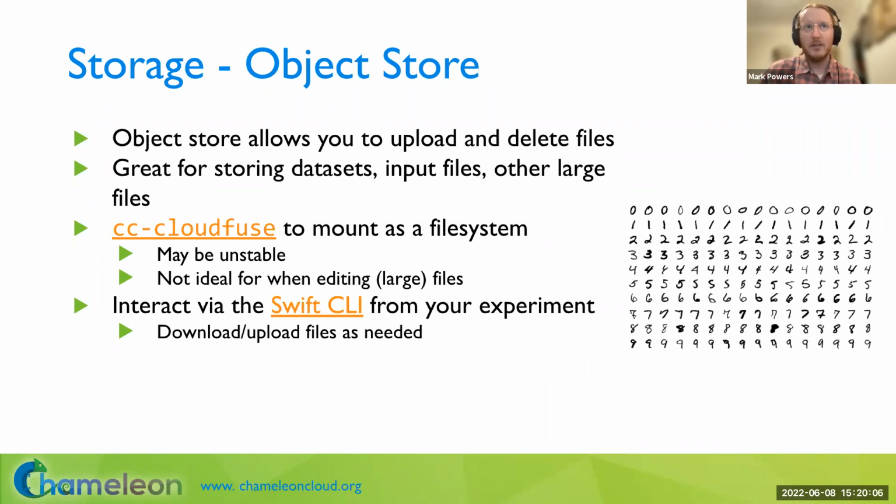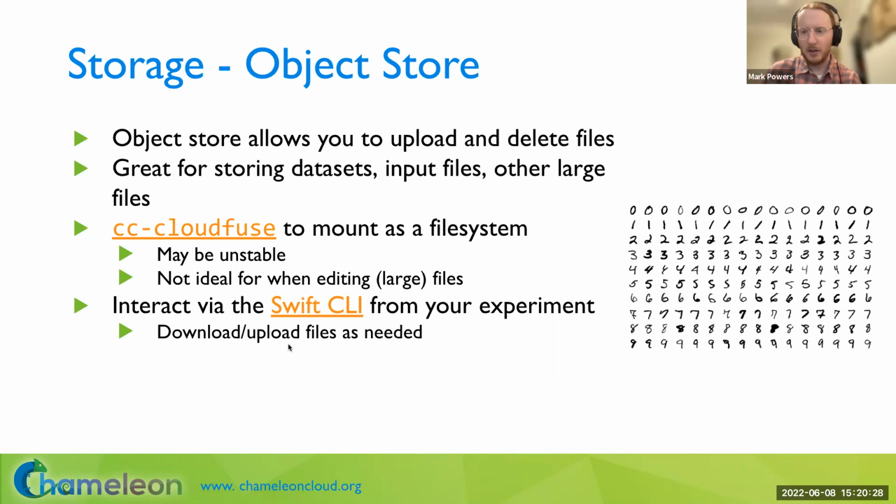But another way to use the object store is via Swift. And Swift has a few clients. So we have some documentation on the Swift CLI, but you should be able to use it with Python as well. And Swift, as I mentioned, lets you download and upload files. So this would be easy to integrate into your program.